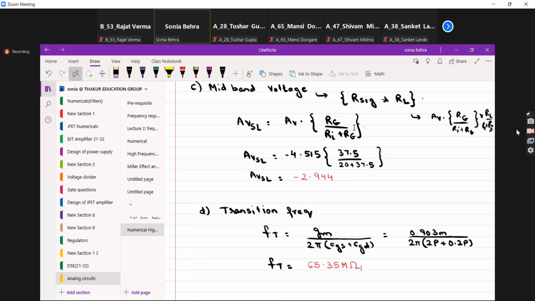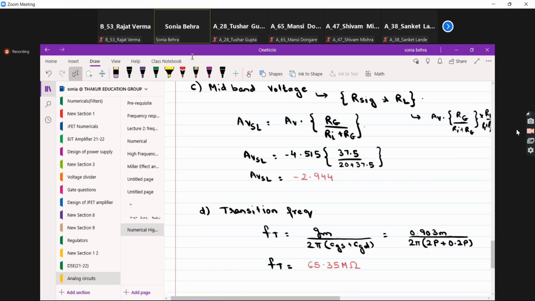That question will have you find the bandwidth, so you have to do low as well as high. Look carefully, there will be wiring capacitances too, all the capacitors will be there. You can message me your doubts, but please try to solve that question.